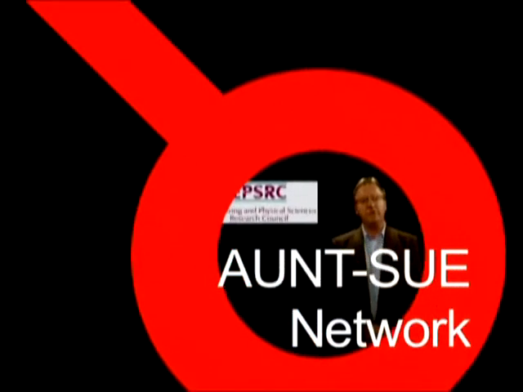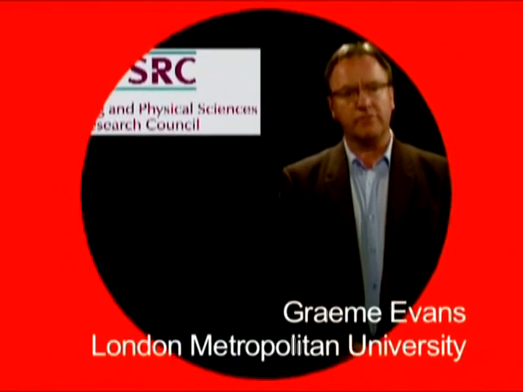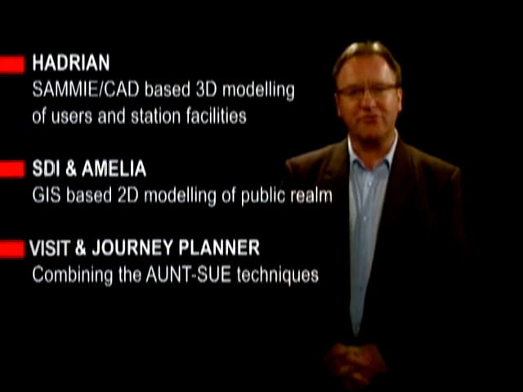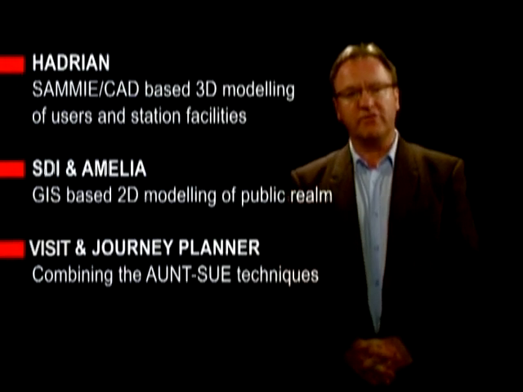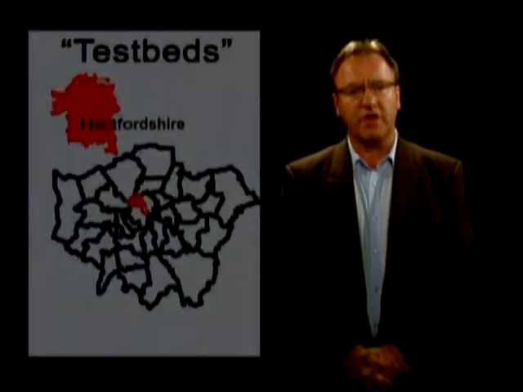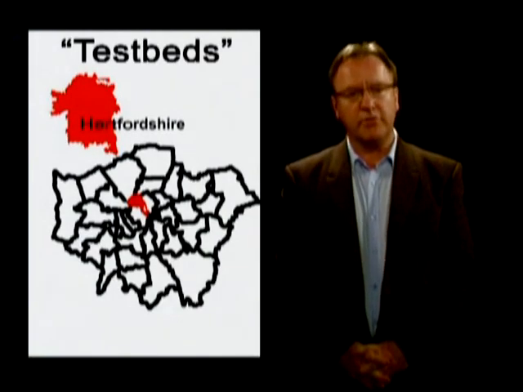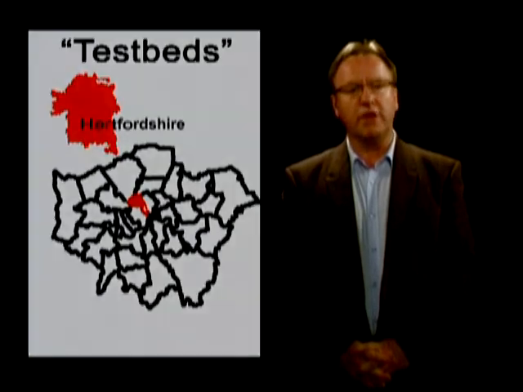With funding from the Engineering and Physical Sciences Research Council under their Sustainable Urban Environment Programme, the SUE in ANSU, we have been testing different techniques and approaches to improved accessibility with our partners in Hertfordshire County Council and the London Borough of Camden, with the support of Transport for London and others.